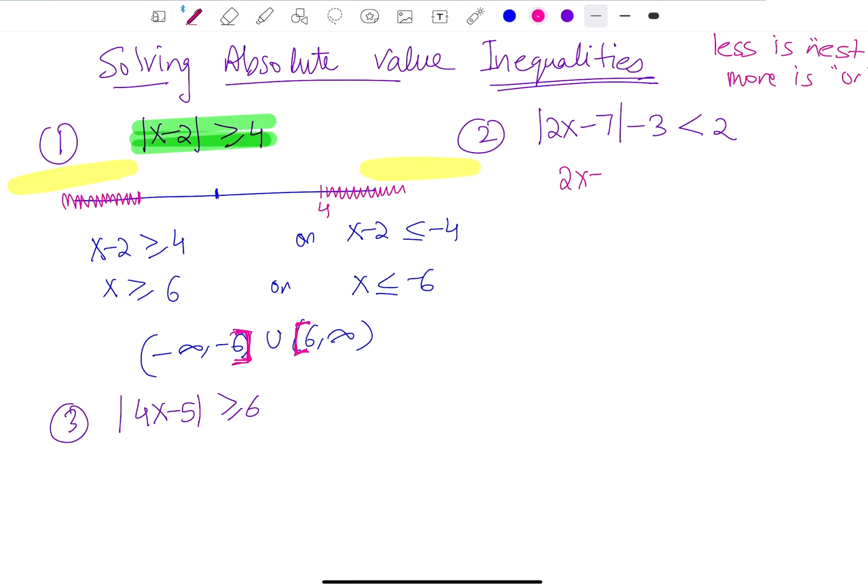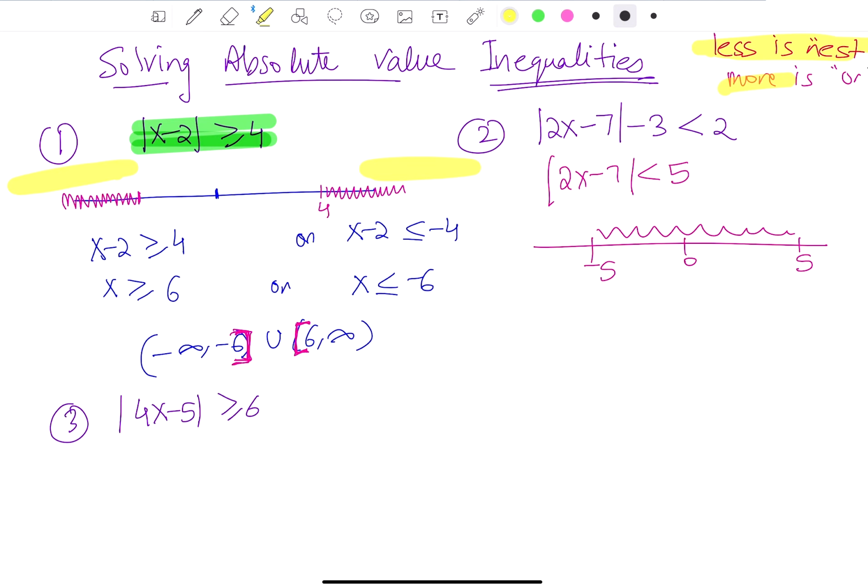First, I'm going to isolate the absolute value symbol. The absolute value of 2x minus 7 is less than 5. So the absolute value of a number is less than 5. That means that number lies between negative 5 and 5, so I can write it in a nested way.